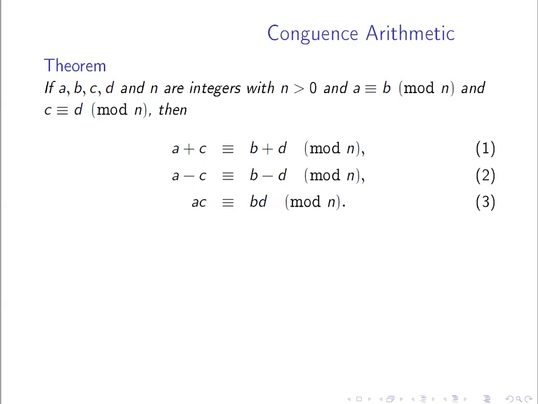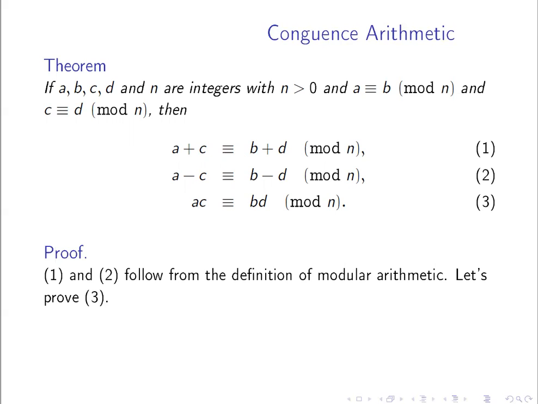So that means I can actually do addition and subtraction by simply using their congruences. But the last one is probably the most interesting, because it actually means we can multiply and operate with congruences on anything. I will do a lot of these examples, but this theorem is the crux of how all these examples work. Now, the first two, you can quickly note, follow directly from the definition of modular arithmetic.